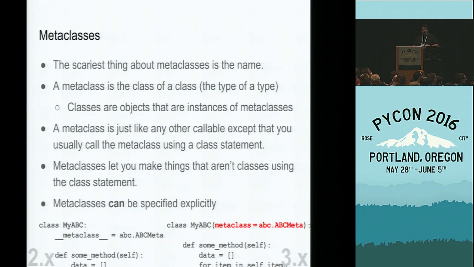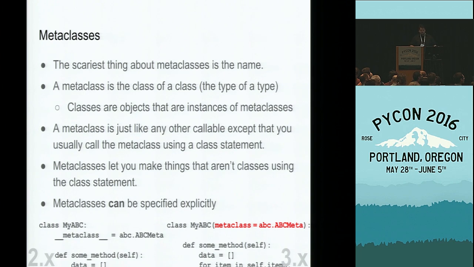It's like a keyword argument in a class definition to set a metaclass. So this is much less cumbersome, much nicer to use explicitly, but people haven't really started doing that a whole lot. And so we end up with a lot of these implicit via inheritance metaclasses.